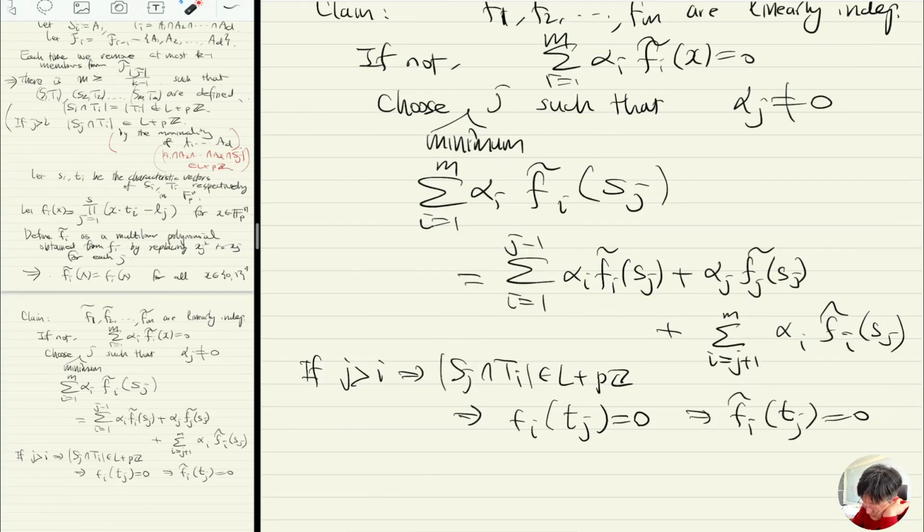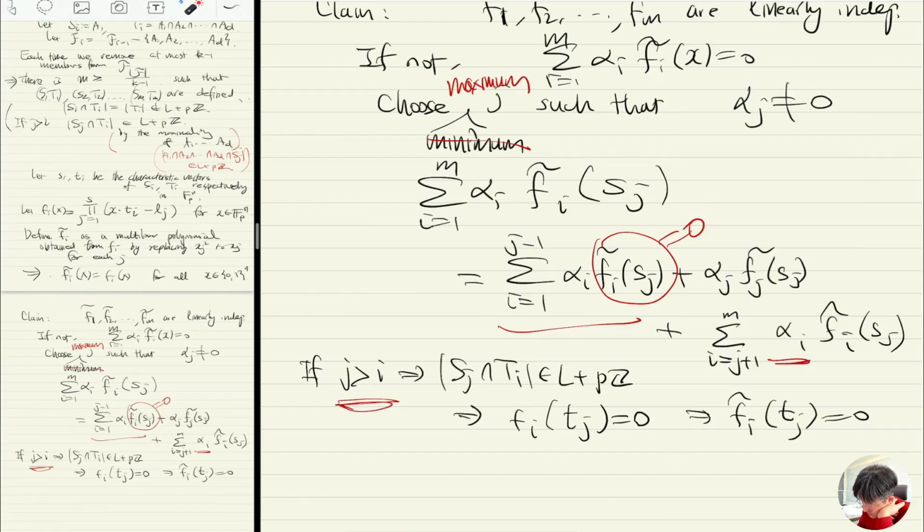Oh, so all right, a better way of choosing j is, let me change this. Instead of choosing the minimum, it's the maximum, right? So if I choose j to be maximum such that alpha_j is non-zero, then anything on this side will be 0 because i is smaller, and anything here is 0 because i is bigger than j.